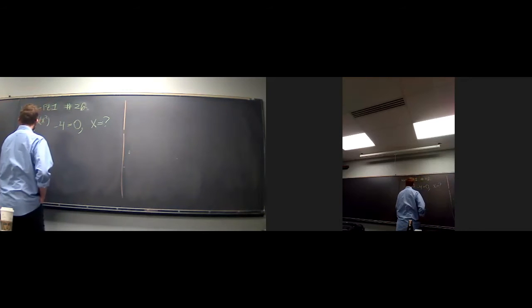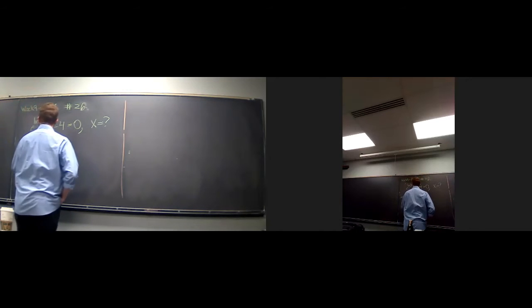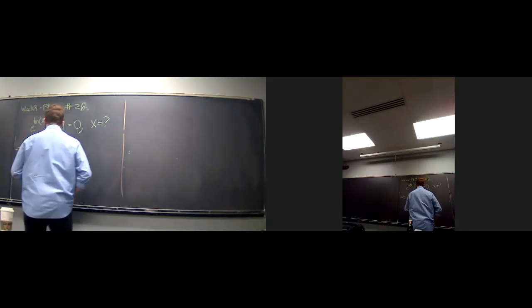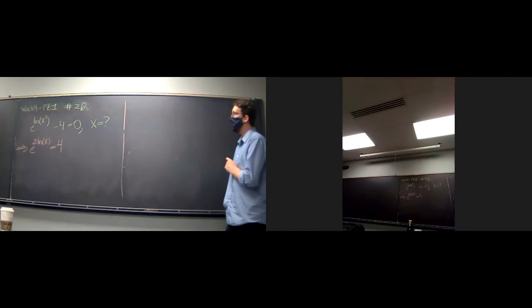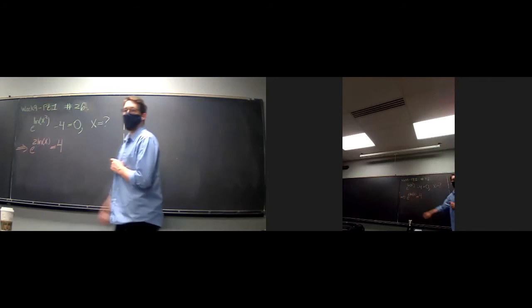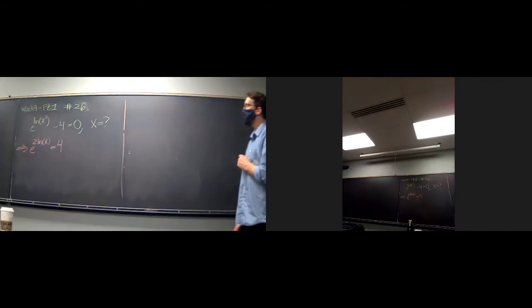So this is going to look like e to the 2 ln of x is equal to 4. So all I've done here is added 4 to both sides and used that power property of logarithms.